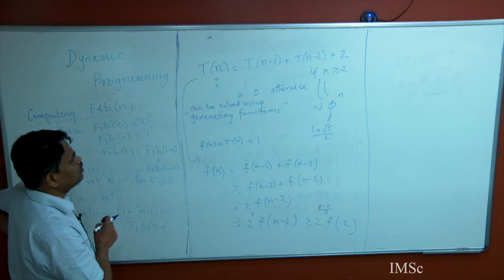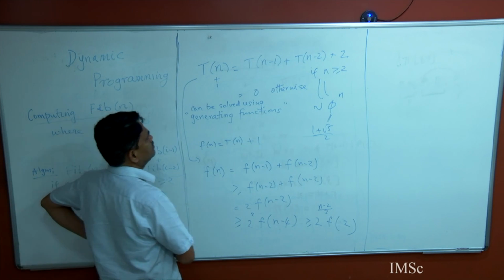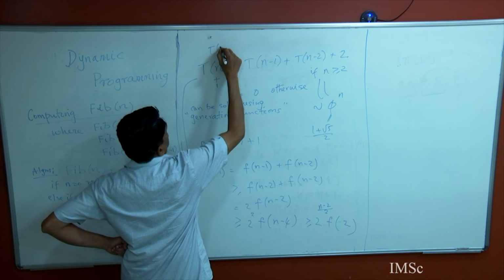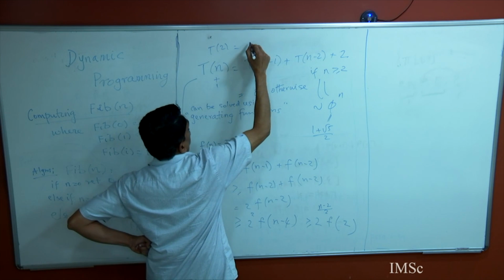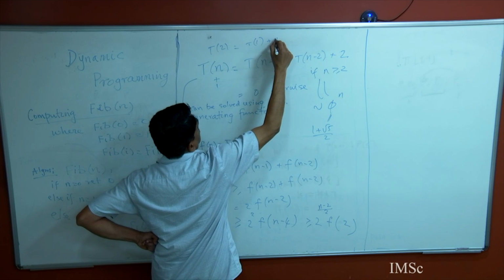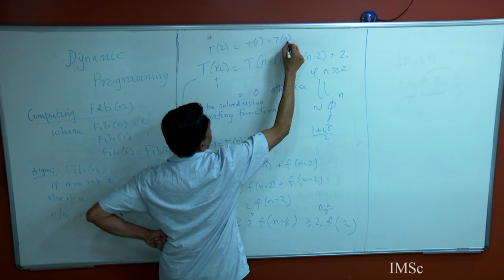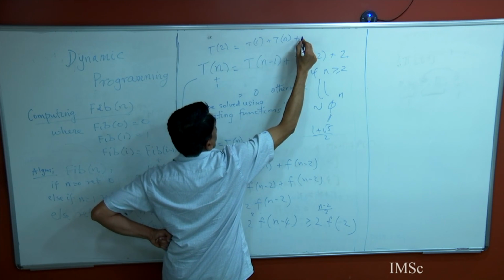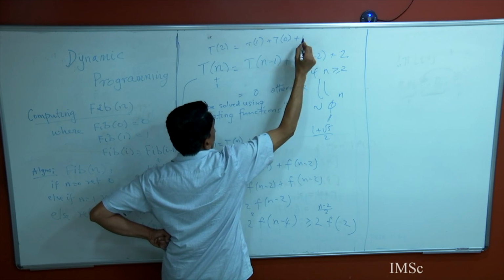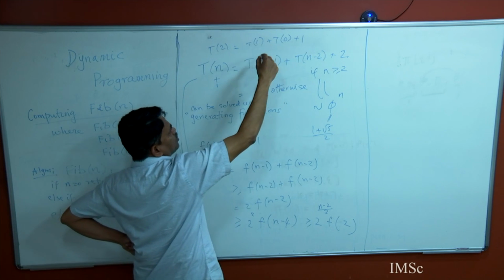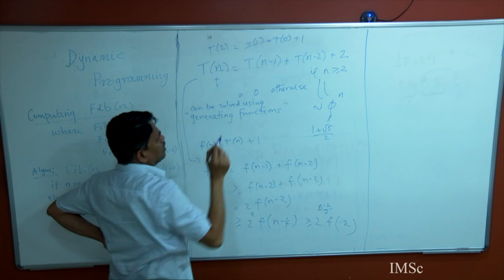And what is t of 2? It is t of 1 plus t of 0 plus 1, and t of 1 and t of 0 are 0, so it's just 1.